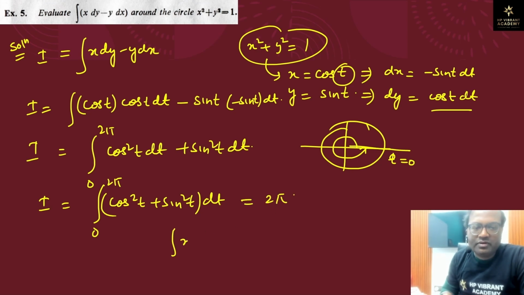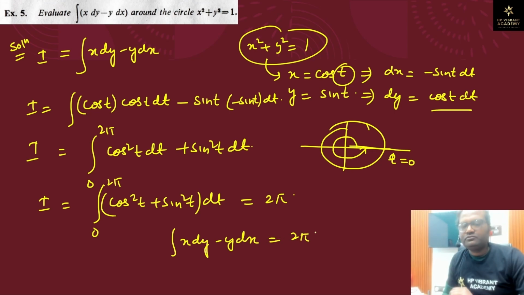So the value of ∫ x dy − y dx is equal to 2π.